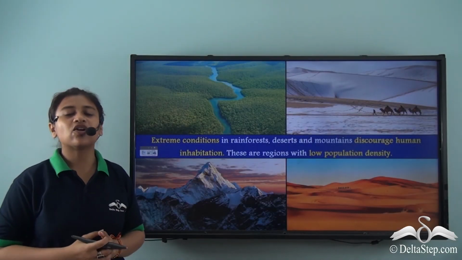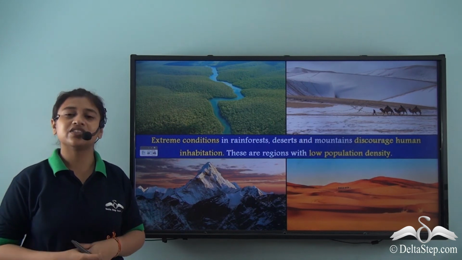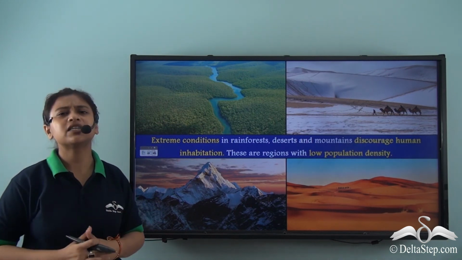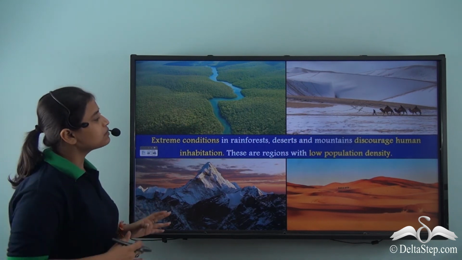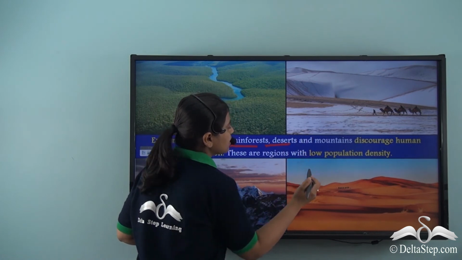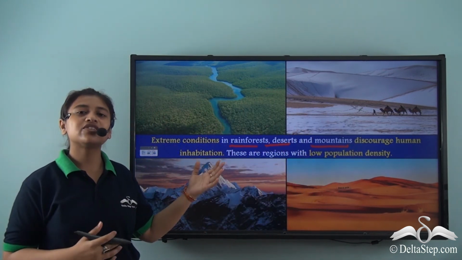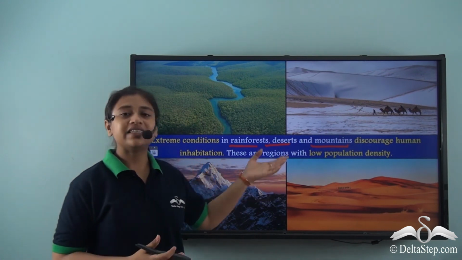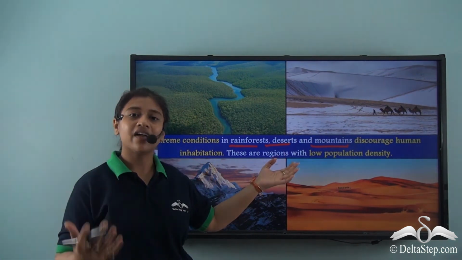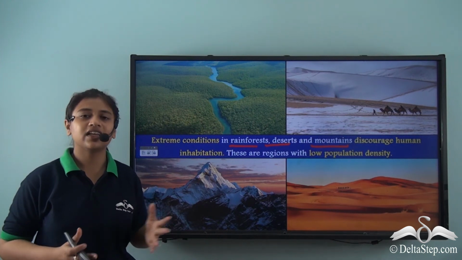So here we saw the regions that are moderately populated. But there are also some regions that experience extreme conditions. Now these extreme conditions are found in rainforests, deserts and mountains. For example, the Amazon rainforest or the Congo forest, deserts like the Thar Desert or the Sahara Desert, or mountains like the Himalayas or the Rockies in North America.